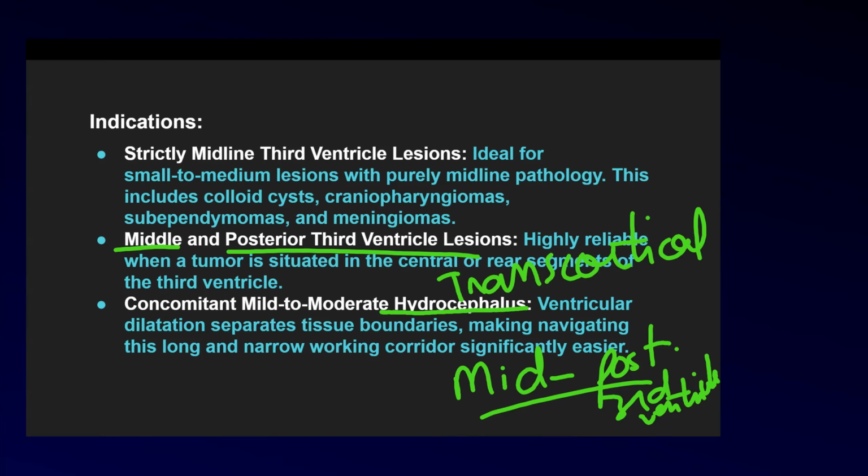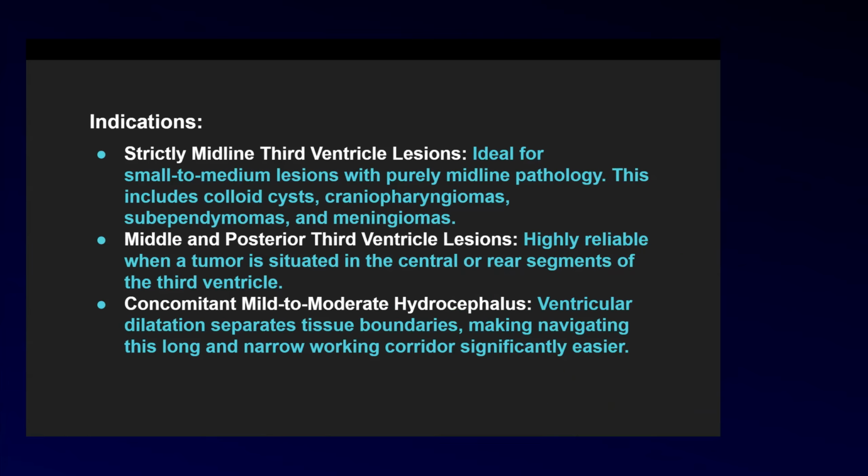But when there is mild to moderate hydrocephalus, you can go via the interhemispheric corridor, because once there's CSF pressure inside the ventricle, it is going to stretch the boundaries. When the boundaries are stretched, it's naturally easier to work along these corridors. Am I making sense?